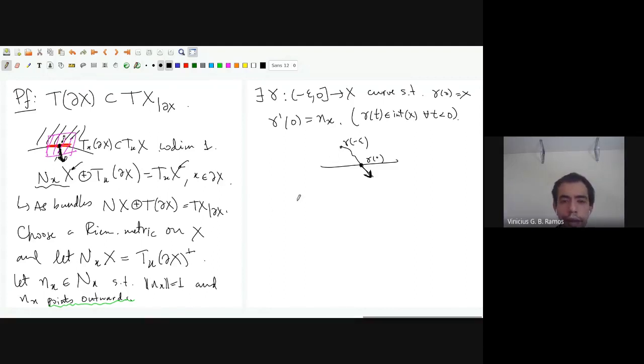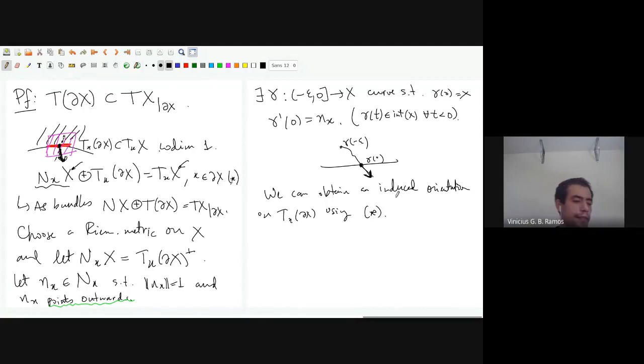So now we can obtain an induced orientation on the tangent space to the boundary using this equation, star.